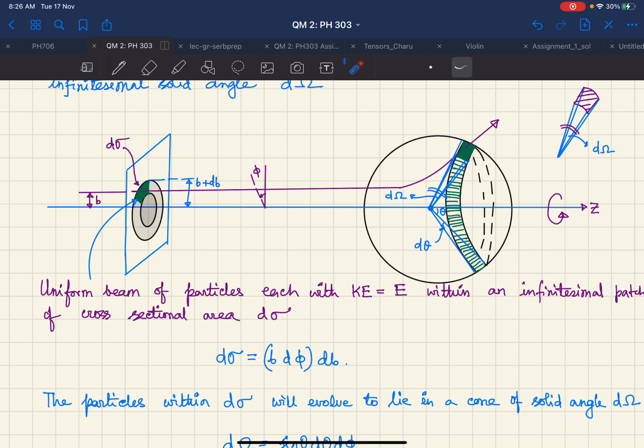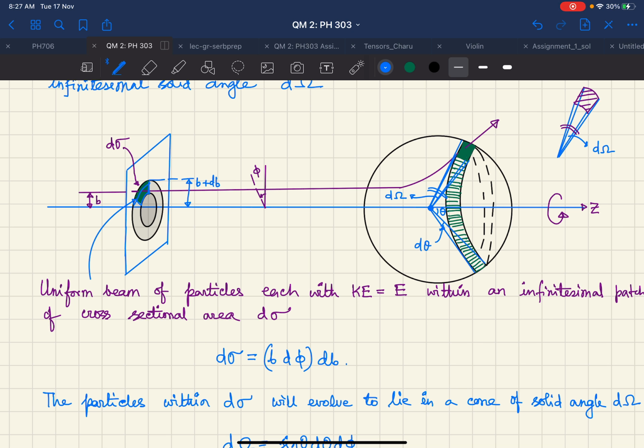Therefore, you can actually calculate this dσ. How can you calculate it? For example, you know that there is an impact parameter b, and this impact parameter changes from b to b plus db within this small infinitesimal area dσ.